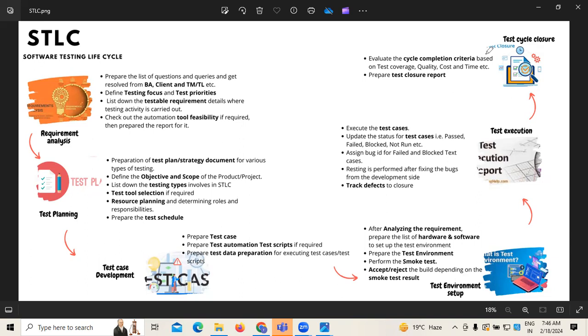In context to the role of testing professionals, having knowledge of the software testing life cycle is important. Not only this, we need knowledge of the test cases we are going to prepare, and what kind of test cases. To develop these test cases, the requirements have to be given by us. This is something the business analyst team has to perform.